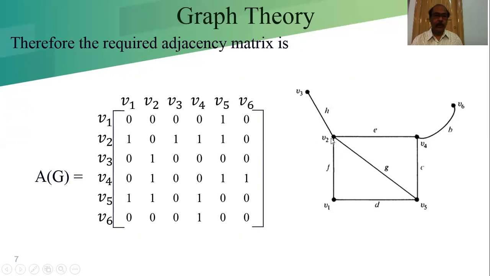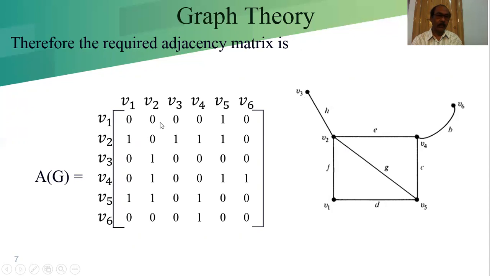So one by one, V2 is connected to V1, V3, V4 and V5. So the second row will obviously be the second column.